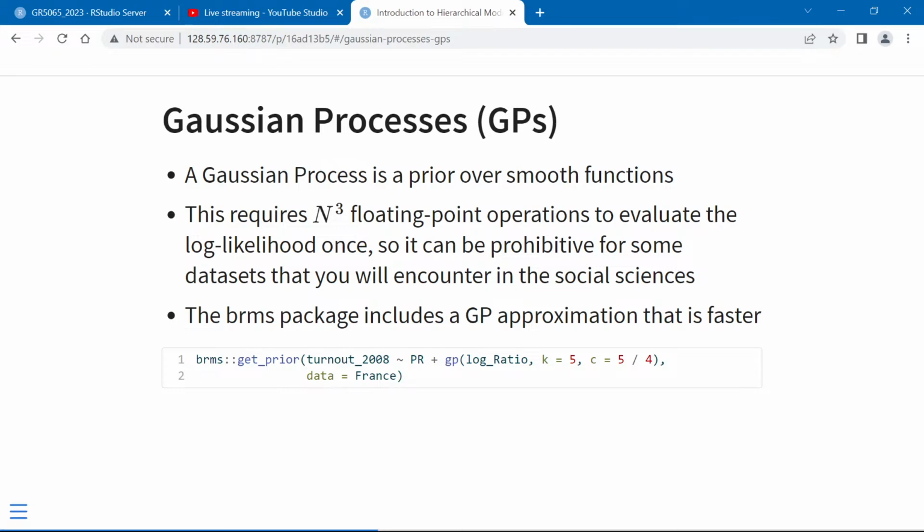And you can do that by just putting the GP business into the formula, and then there are some other arguments that you can put in if you're using the approximation, that you can read about in the documentation, which has a link, I hope, to a paper that Paul co-authored with Aki and some other people in Finland about these approximations.